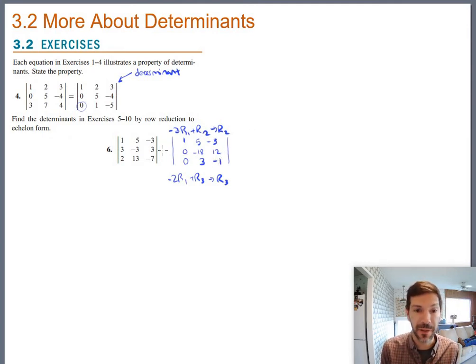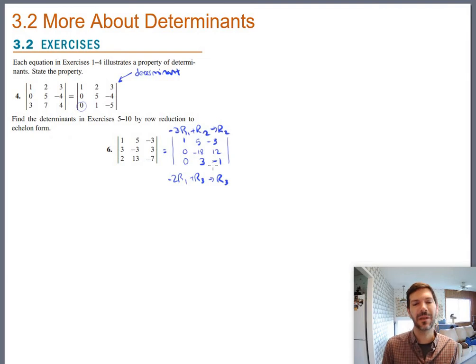Okay, so far so good. The determinant of the original is equal to the determinant of this one. I could do 3/18 of row 2 added to row 3. That would work. Actually, it wouldn't be terrible.